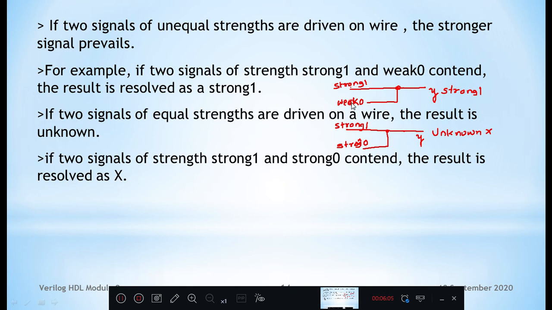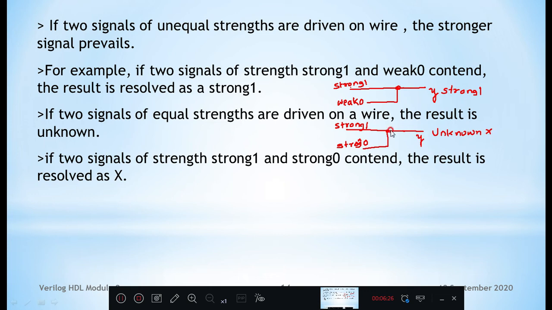If two signals of equal strengths are driven on a wire, for example strong 1 and strong 0, the strength levels are the same, values are different but strength levels are same. In that case, if they contend, it is resolved as unknown value x.